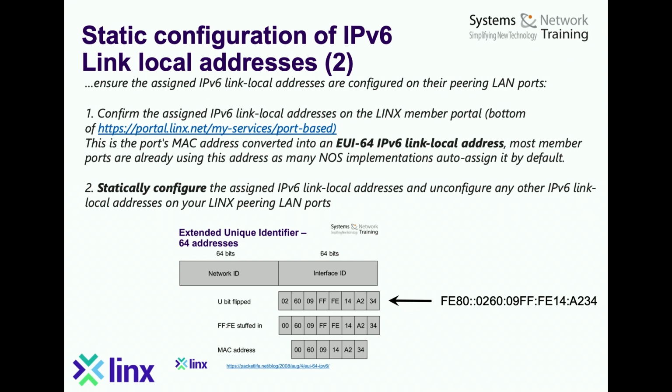If you look on the right-hand side, there it is, beginning with FE80, and then :: is lots and lots of zeros. And then effectively, what you've got to do, if you're statically configuring it, is take your MAC address from your device and then stick it in the last part, the interface ID.